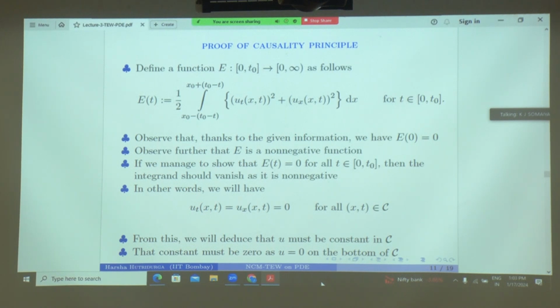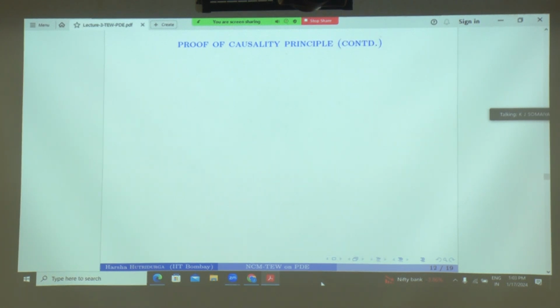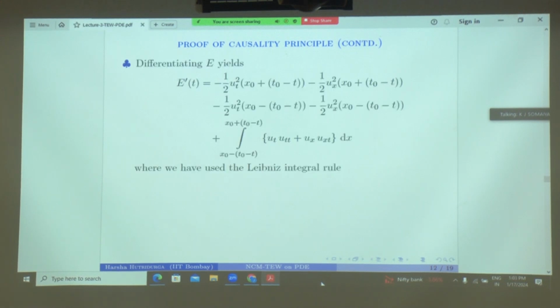Now, we have got a function which is starting off at 0. We will show that its derivative is less than or equal to 0. That means it is a non-increasing function. And because it's a non-negative function, it starts off with 0, it stays 0. Now, we have to differentiate this particular function in the t variable.